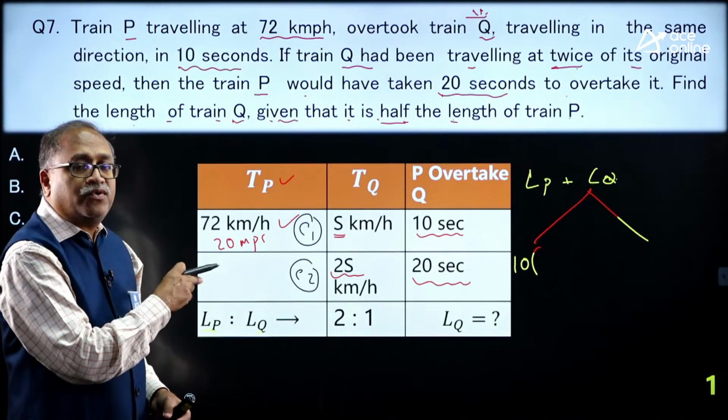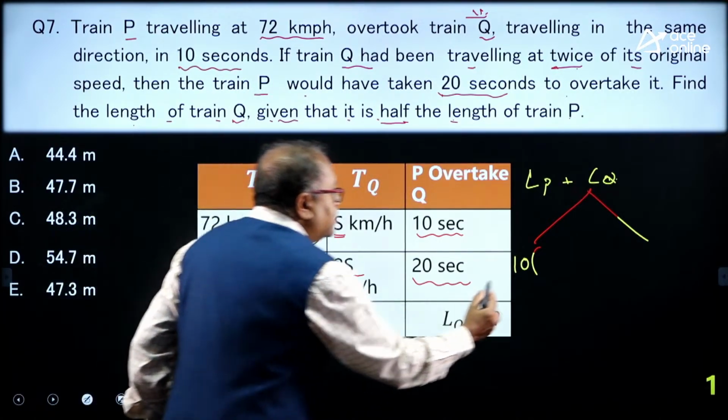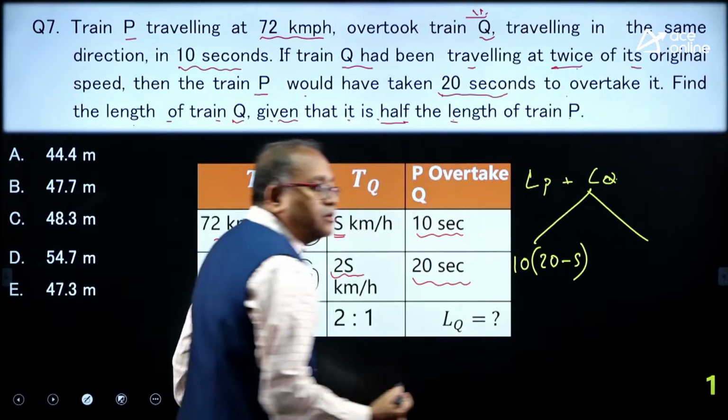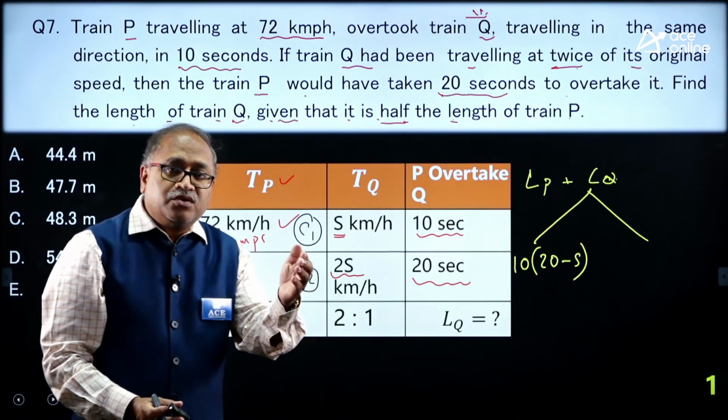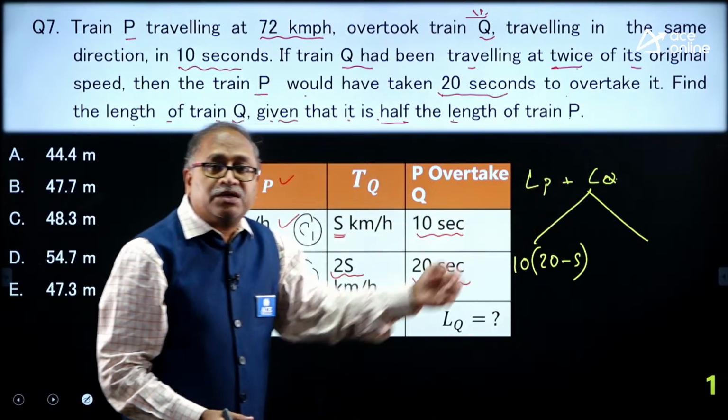Yes, that is right. So, the relative speed is 20 minus s. Relative speed into time is the distance, that is length of P plus length of Q.